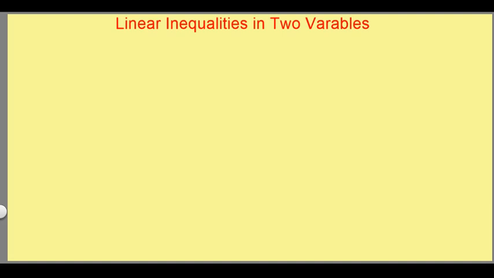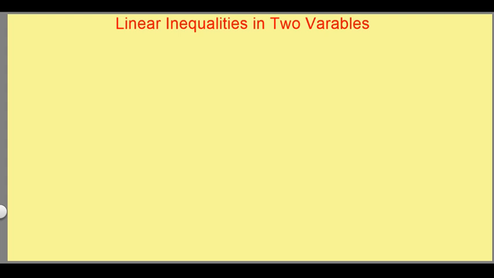In this tutorial, we'll be looking at linear inequalities in two variables. In our last episode, we learned about linear inequalities in one variable. So by the end of this video, we should be able to understand the concept of linear inequalities in two variables. We should be able to solve linear inequalities involving two variables.